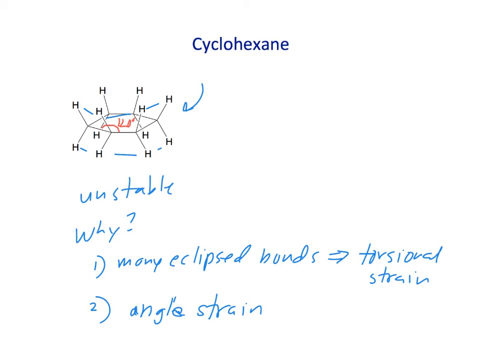How could planar cyclohexane become more stable? Well, the way it can do that is by bending out of the plane or rotating out of the plane to generate different conformations.